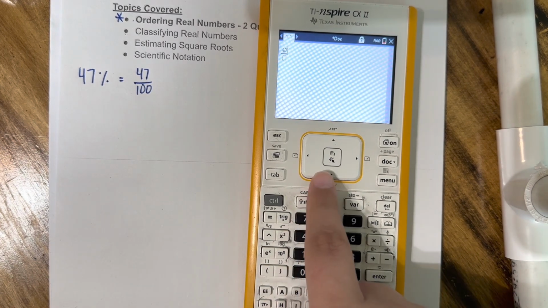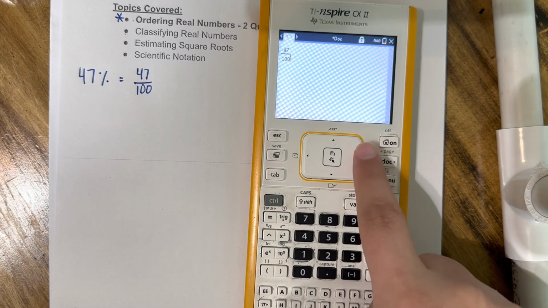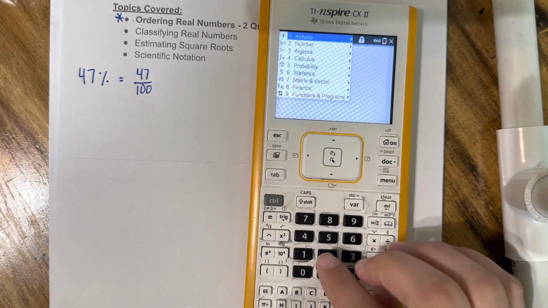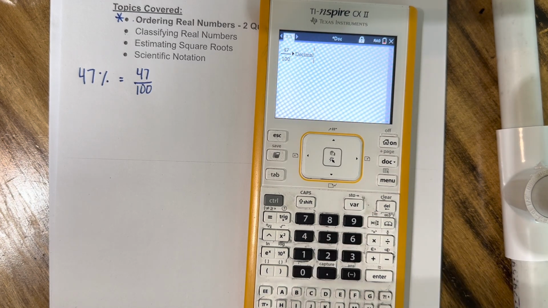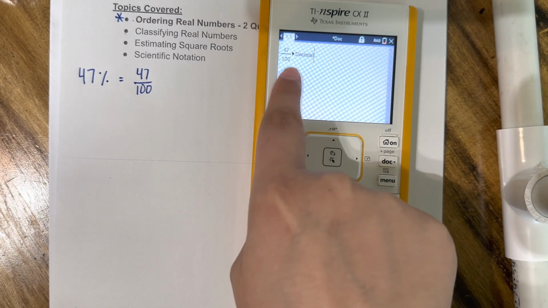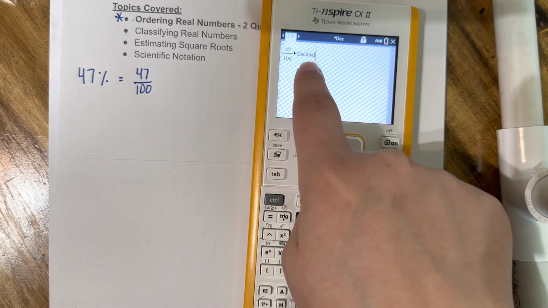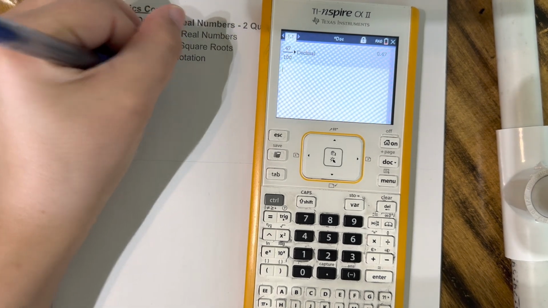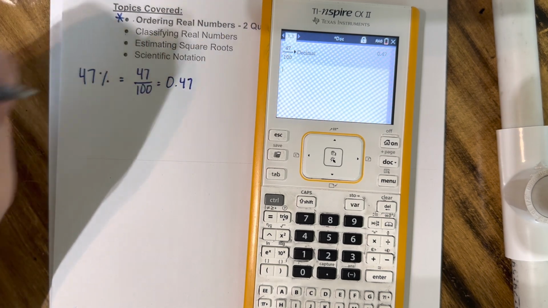I put the 47 on top, the numerator, and then the 100 on the bottom, the denominator. Then I have to click out of the fraction to put that cursor on the outside. And then I do menu, number 2 for number, and number 1 for convert to fraction. And then if you see on your calculator, I have the fraction and then the little triangle, which means convert to, and then I want to convert it to a decimal. So then I just hit enter. So 47% is equal to 0.47 or 47 hundredths.